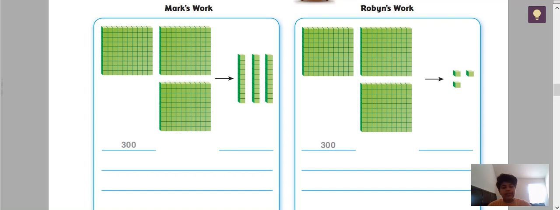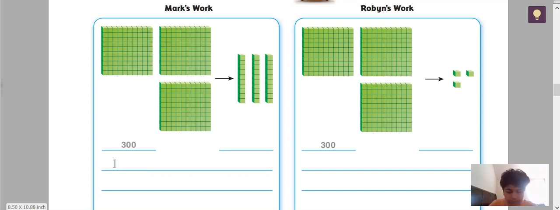So, let's fill this out, okay? Mark's work has 3 flats, and then it makes it to 3 longs. Robin's example is correct. Do you guys want to know why Robin's example is correct?